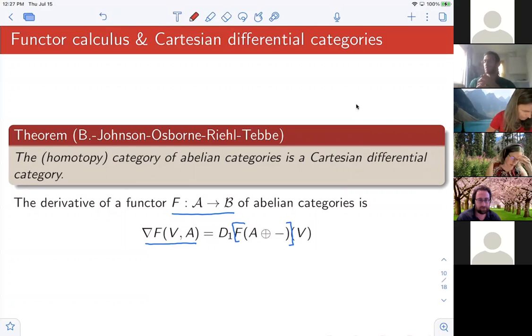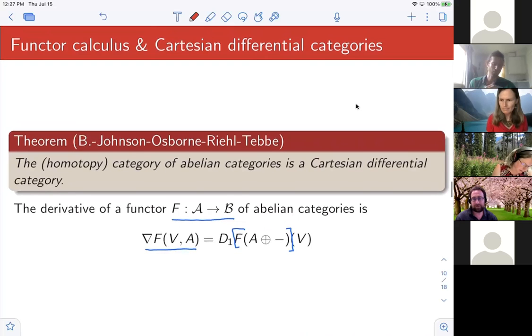Okay. I will tell you that the important property of being an abelian category that made this way of doing things work really well is that abelian categories have biproducts. So in that formulation that I showed you at the very beginning, remember that D1's job is to produce a functor that is both reduced and excisive.